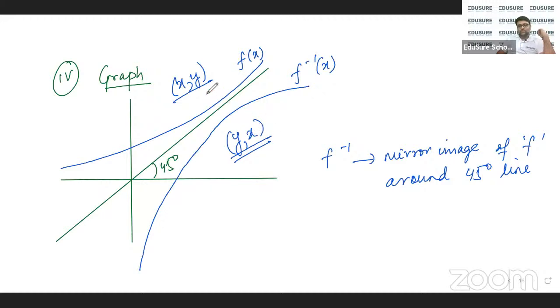Very, very simple. XY, this is YX. So F inverse is nothing but the mirror image of F around the 45-degree line. Okay? These are a few things which I wanted to share with each of you.